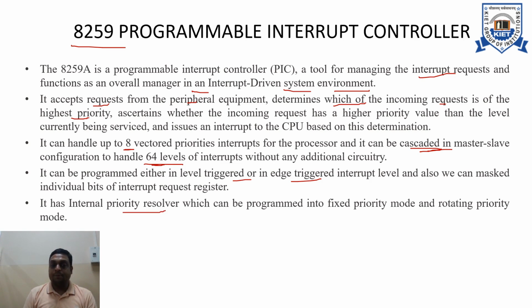It has an interrupt priority resolver which can be programmed into fixed priority mode and rotating priority mode. Fixed priority mode and rotating priority mode mean either we fix the priority of every interrupt, or we can rotate their priority on the basis of their interrupt sequence.